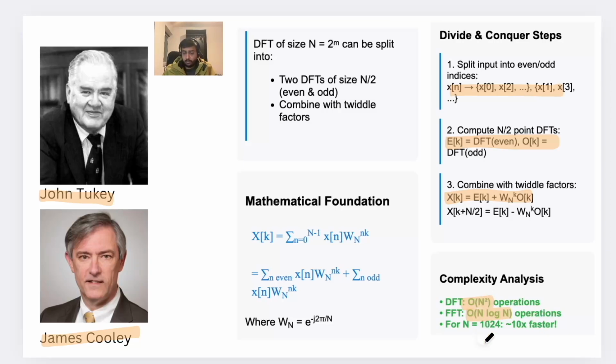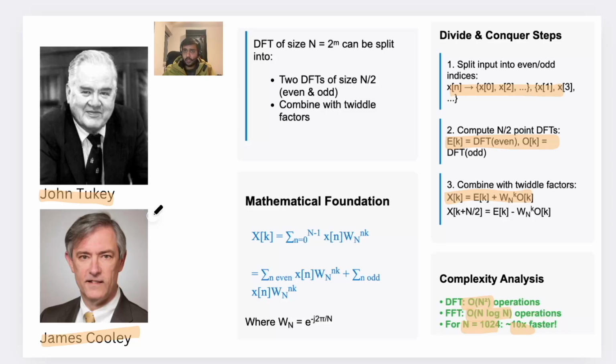So for example, if we have a 1000 point DFT, it becomes about 100 times faster when we compute n log n as compared to n squared. And this is known as the fast Fourier transform, and these are the two scientists who invented this algorithm that gave rise to computing the discrete Fourier transform in a much more efficient way.